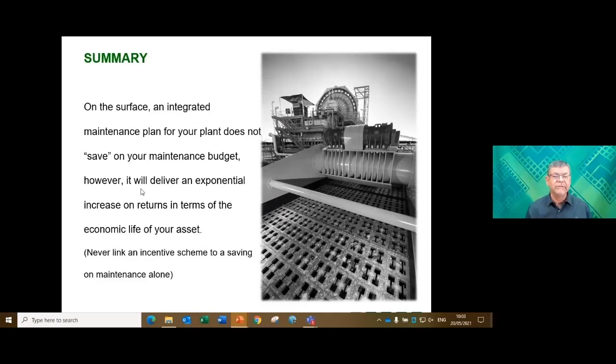On the surface, the integrated maintenance plan doesn't look as if it will save you on your maintenance budget. However, it will deliver an exponential return on your investment in terms of the total economic life of your asset.